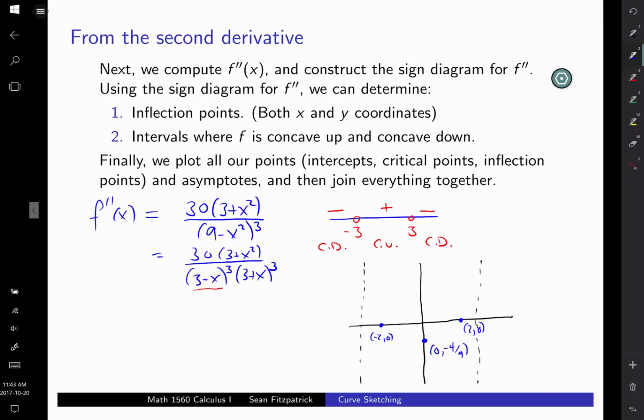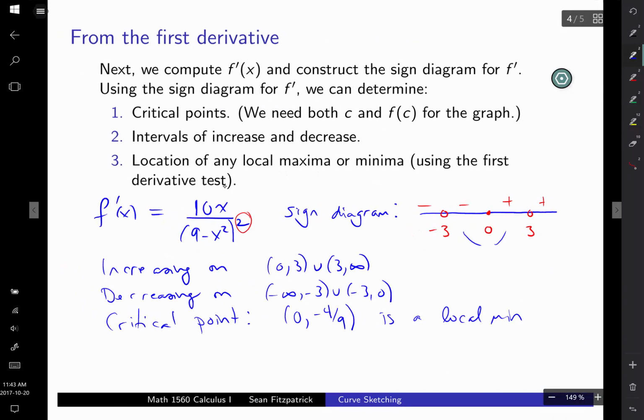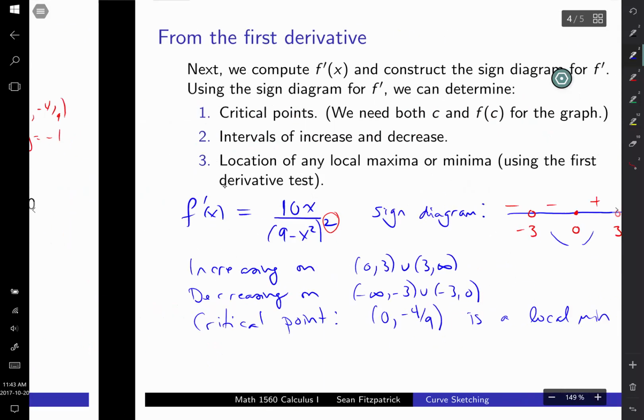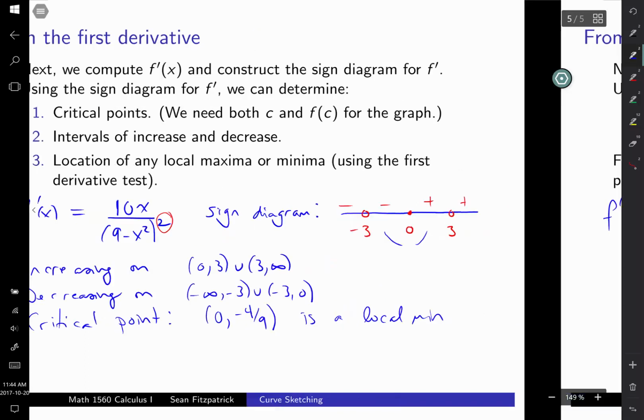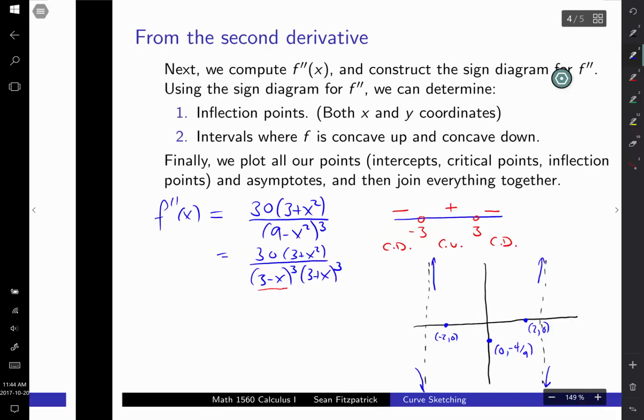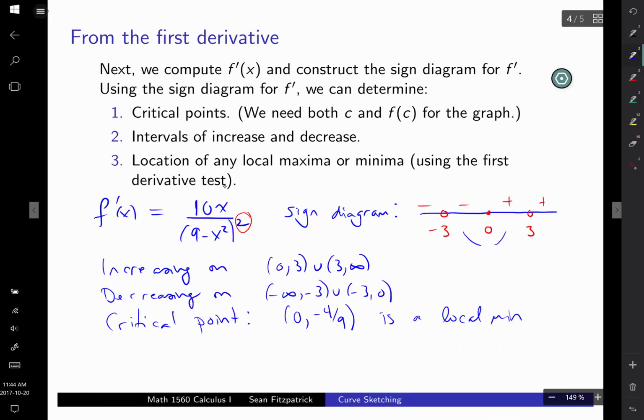The next thing we do is we plot the behavior near the asymptote. So if we jump back, here was our asymptotic behavior, right? Going up on the inside, going down on the outside. So if we put that in, we know that we're looking at something that goes like that. Like that. And now inside, if we look at the first derivative, we can see that, well, we decrease from the vertical asymptote until 0, right?